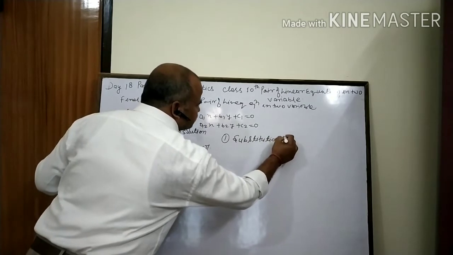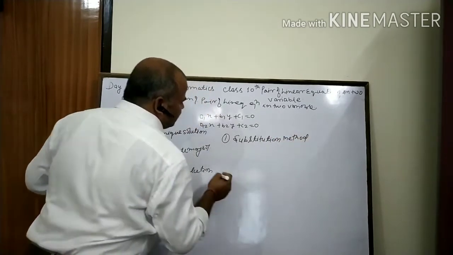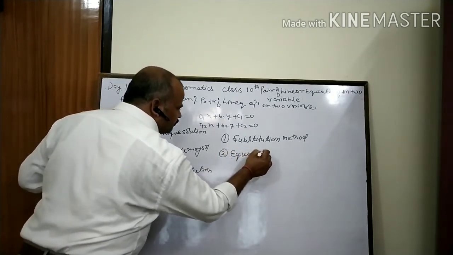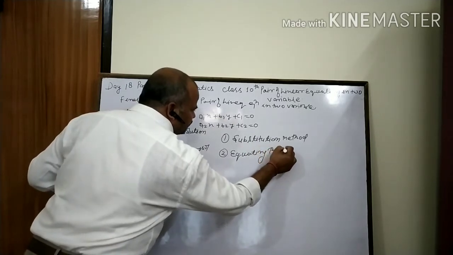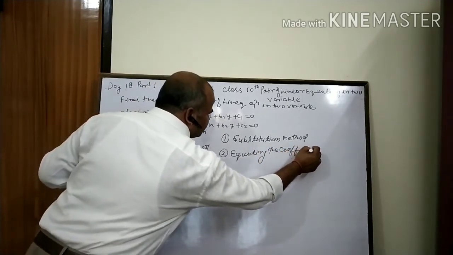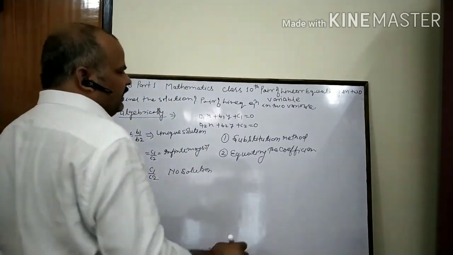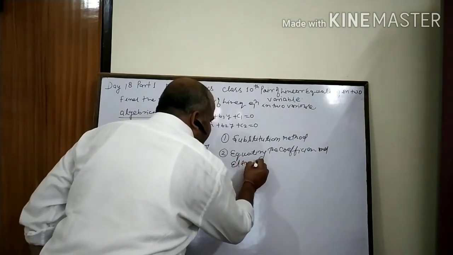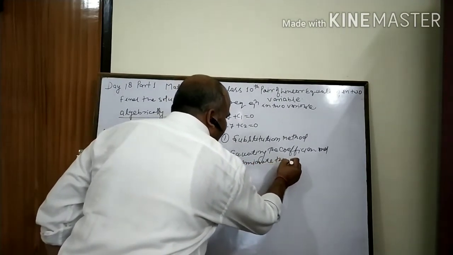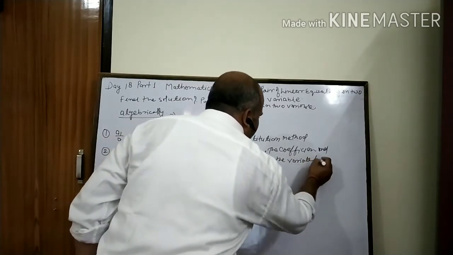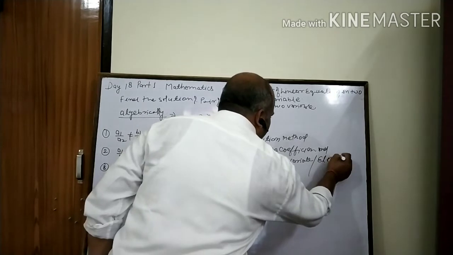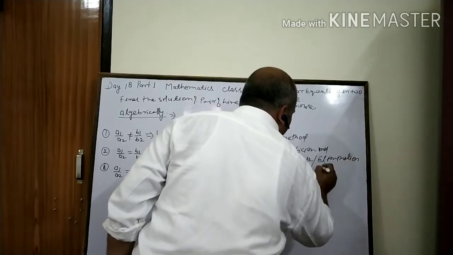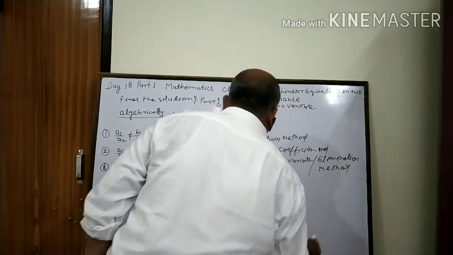Second, equating the coefficient and eliminate the variable, also known as the elimination method.